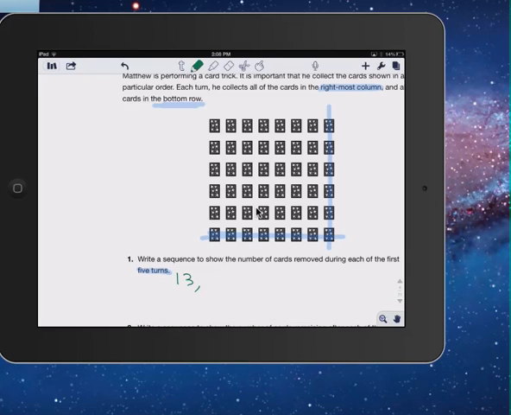How many cards did he collect? 13. That's turn number 1. How about turn number 2? How many cards did he collect? From here to here, you're making careless mistakes. That's why each time you're going down by one.